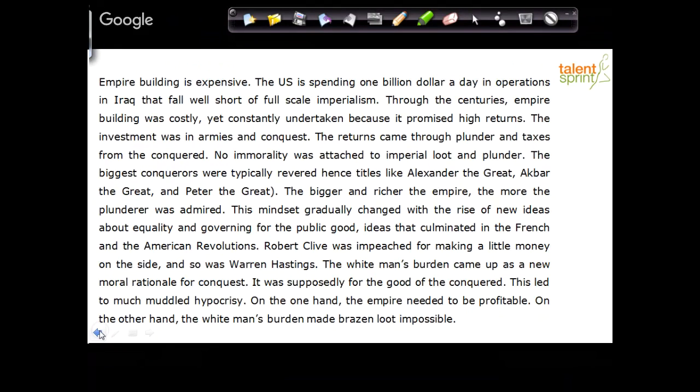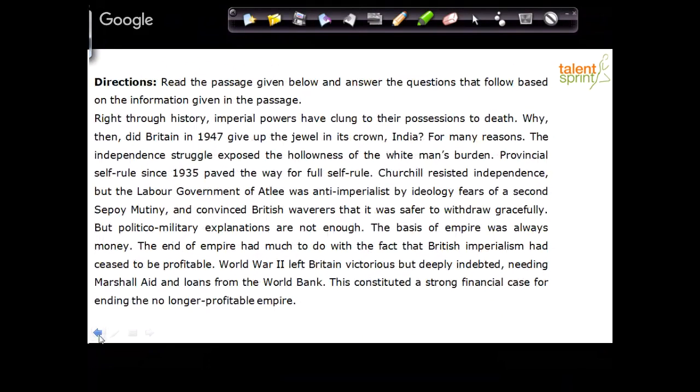Where's white man's burden? Somebody said this is the first para, right? First para, 7th line. 1, 2, 3, 4, 5, 6, 7. Come on, it's not here. Have I gone blind? It's not here.